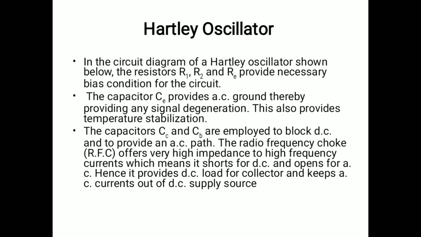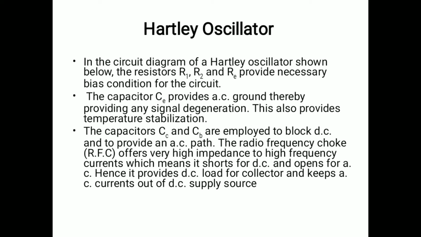In this circuit we are using R1, R2 and RE for biasing, and CE provides AC ground and prevents signal degeneration. It also provides temperature stabilization. The capacitors CB and CC are used to block DC, and they provide a path to AC.